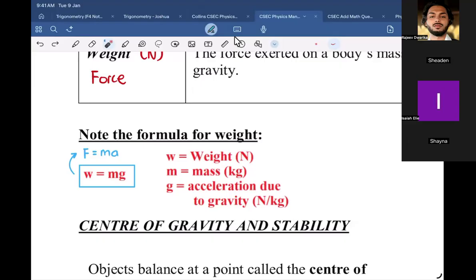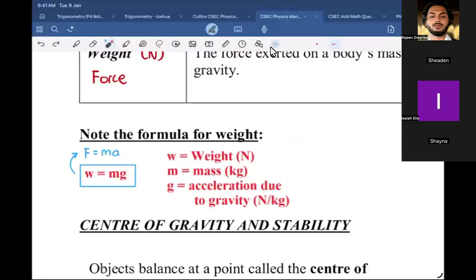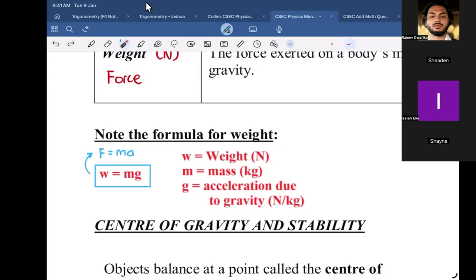Right, so we have that copied down. Did you all copy down that W is weight, M is mass, G is acceleration due to gravity? Yes, sir. Okay, good job, Sheena. Isaiah, what about you? And Shay, you too? Yes. Okay.